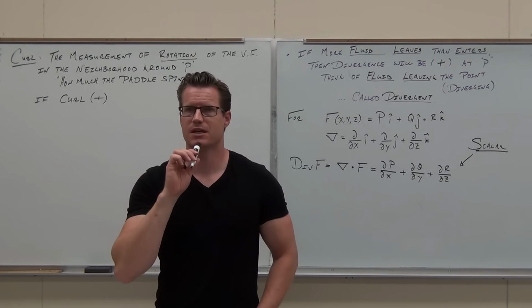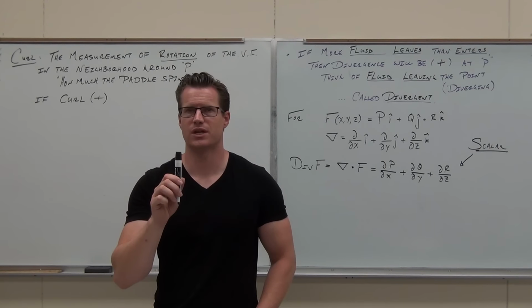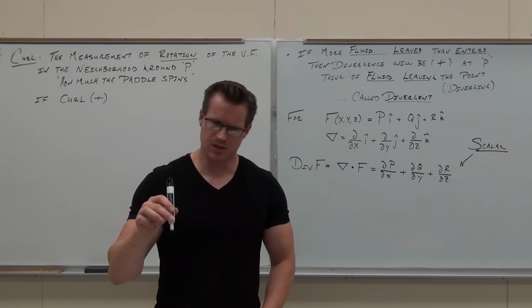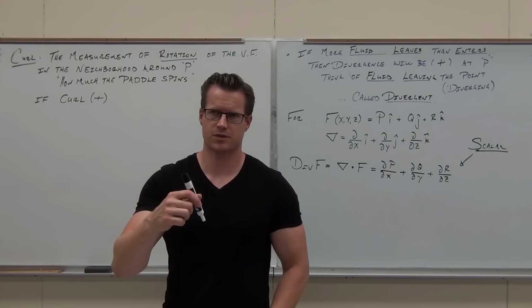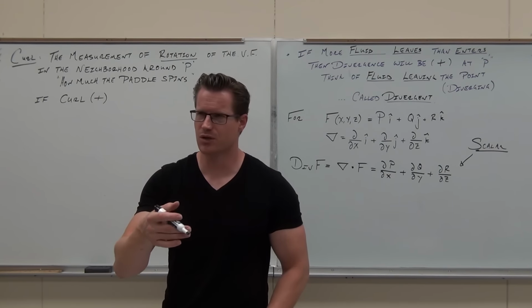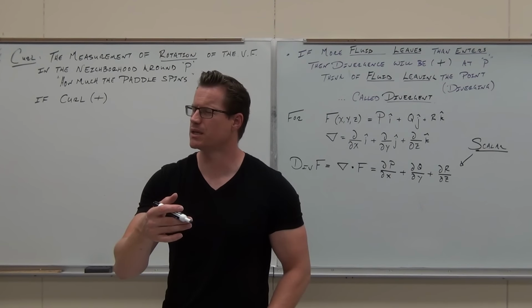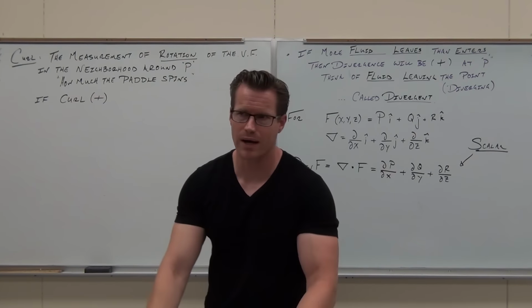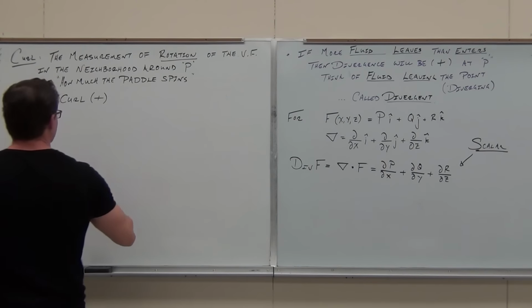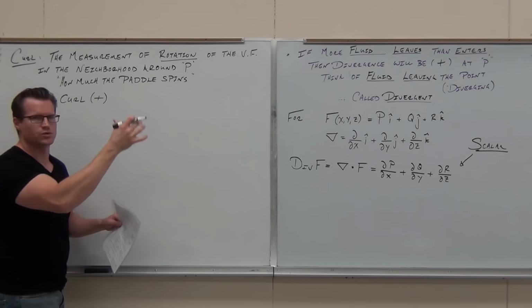Well, let's think about motion for a second. Think positively and think about angles. If we have positive angular motion, that would be spinning counterclockwise, and that's what this does as well. We'll talk about why in a little bit, but this is going to be counterclockwise rotation.